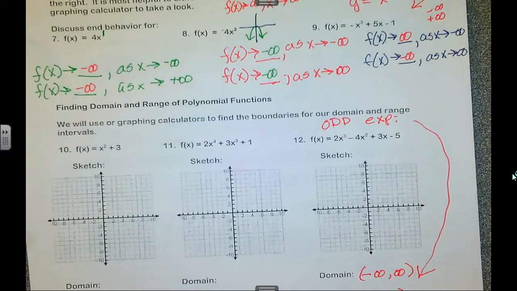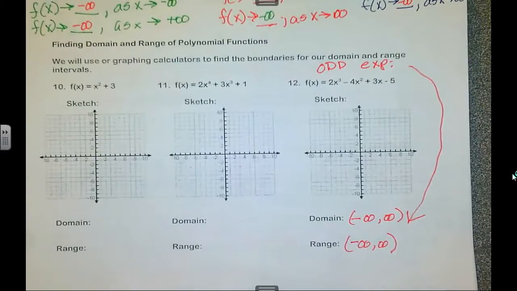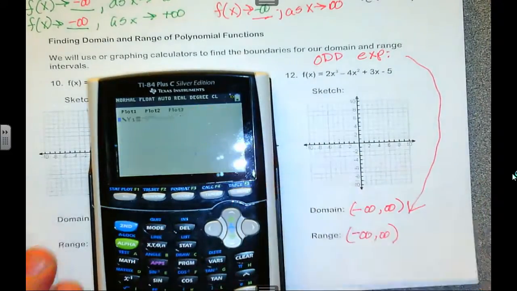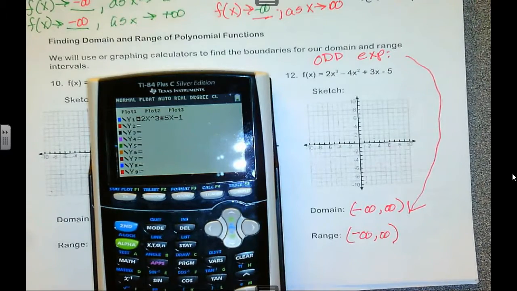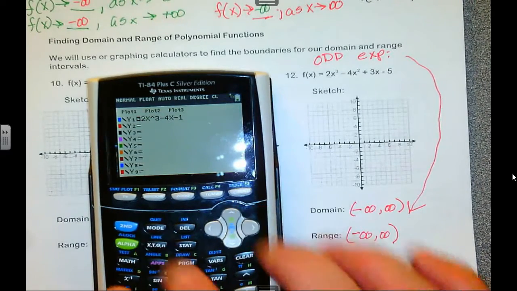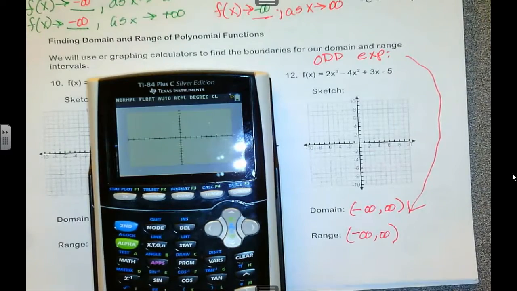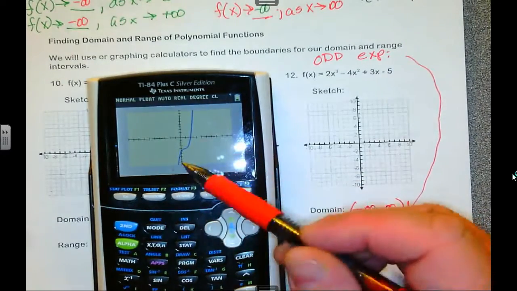If I have an odd exponent, it's going to be negative infinity to positive infinity for both domain and range. And if you don't believe me, go ahead and put it in. Okay. It will always be negative infinity to positive infinity for your domain and your range.